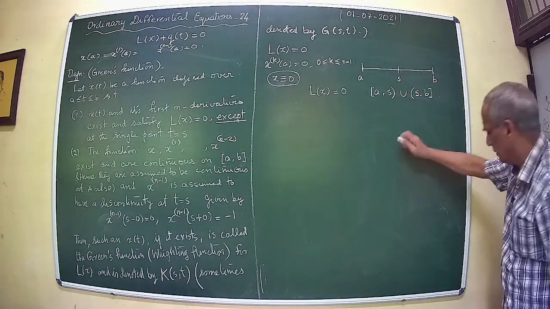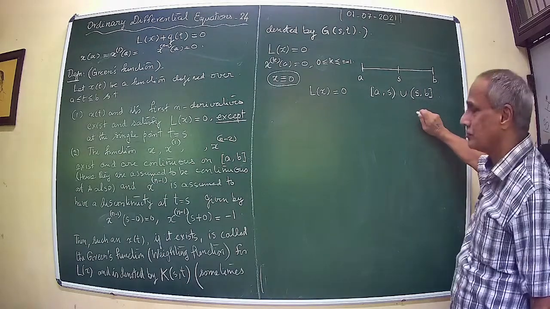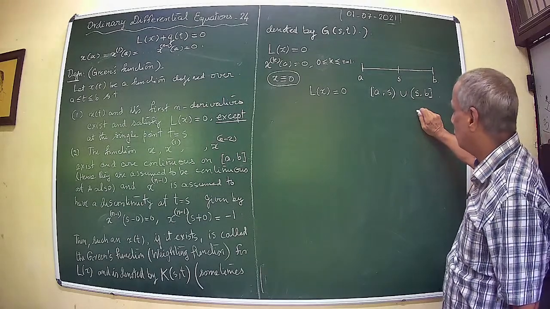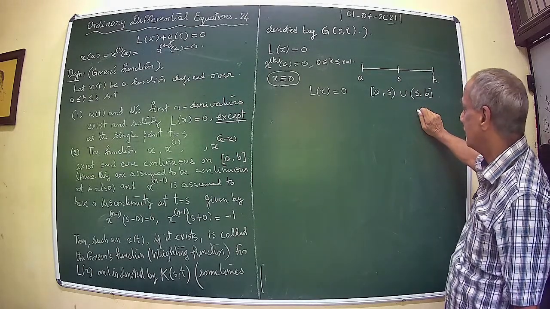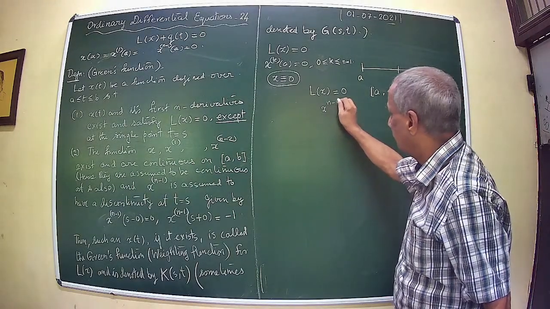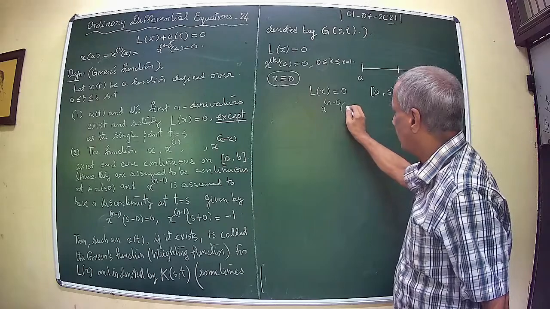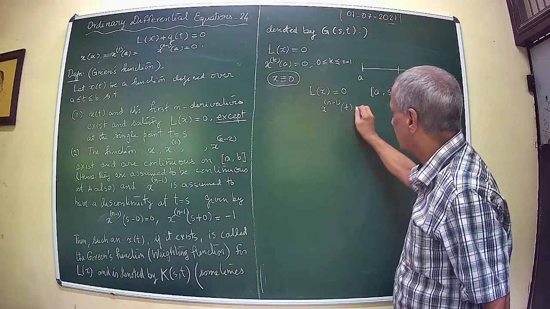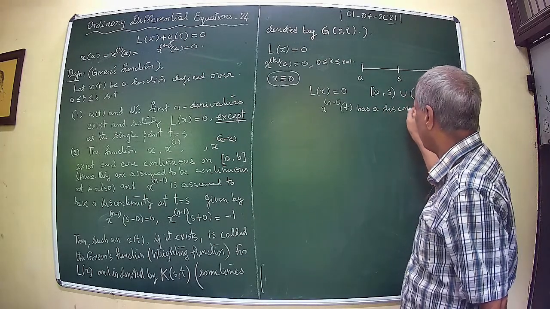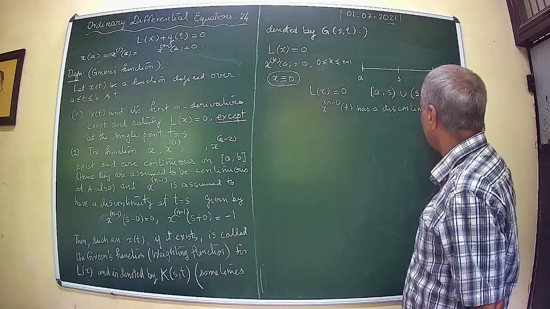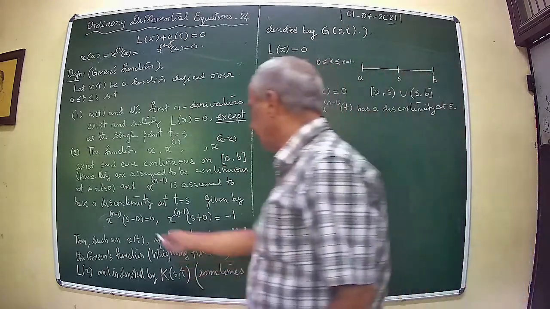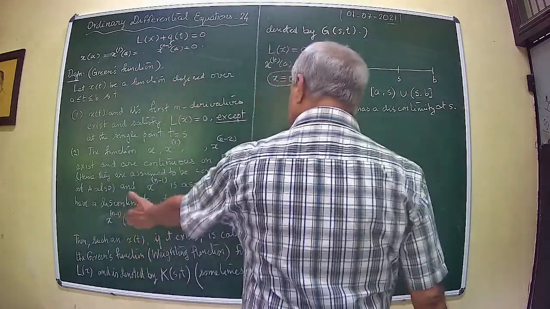That means except at the point s. Okay? And what you assume is that the n minus first derivative of x has a discontinuity, which is more specifically prescribed in this form.